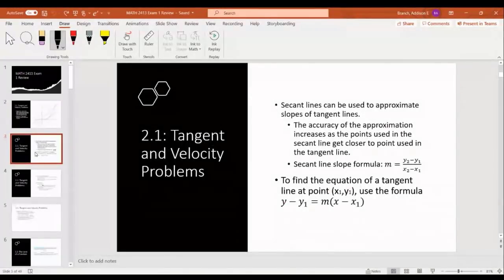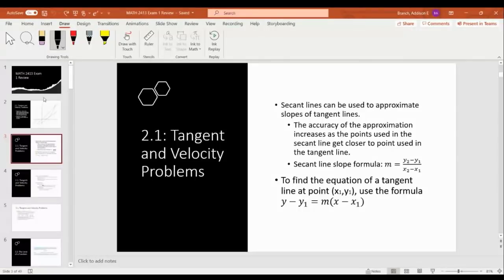Whenever we're using tangent lines and secant lines, secant lines can actually be used to approximate the slopes of tangent lines. And the accuracy of the approximation will increase as the points you use in the secant line get closer to where your tangent line is.